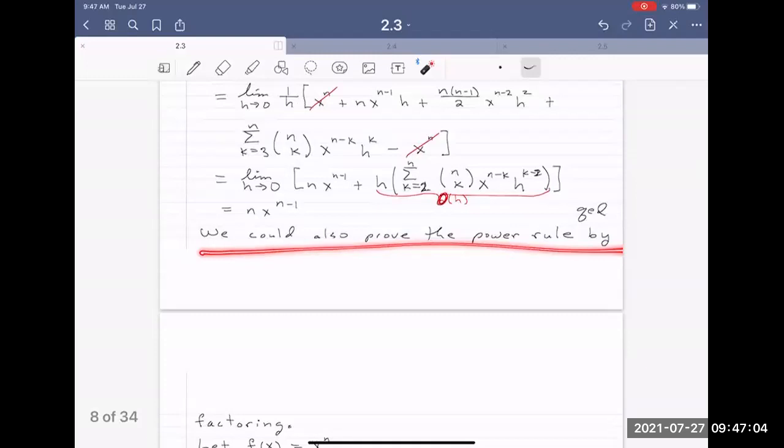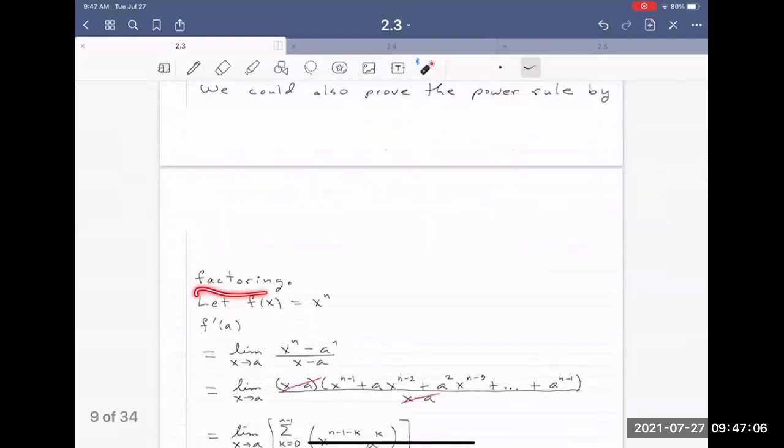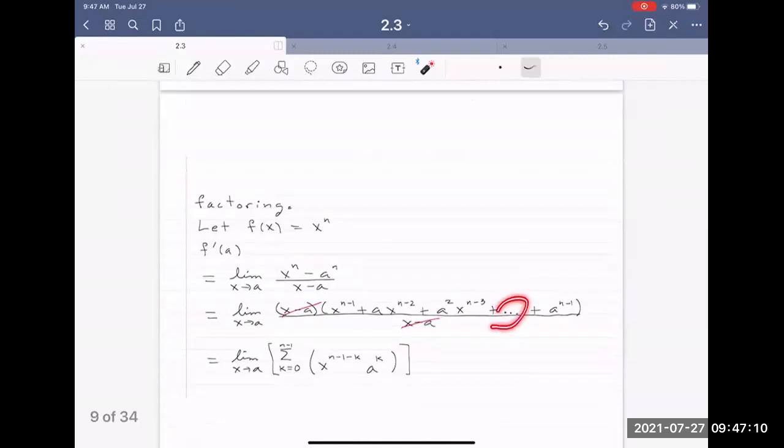So we could also prove the power rule by factoring. I'm going to do this sort of factoring because it's sort of easy to see. So let f of x equal x to the n.